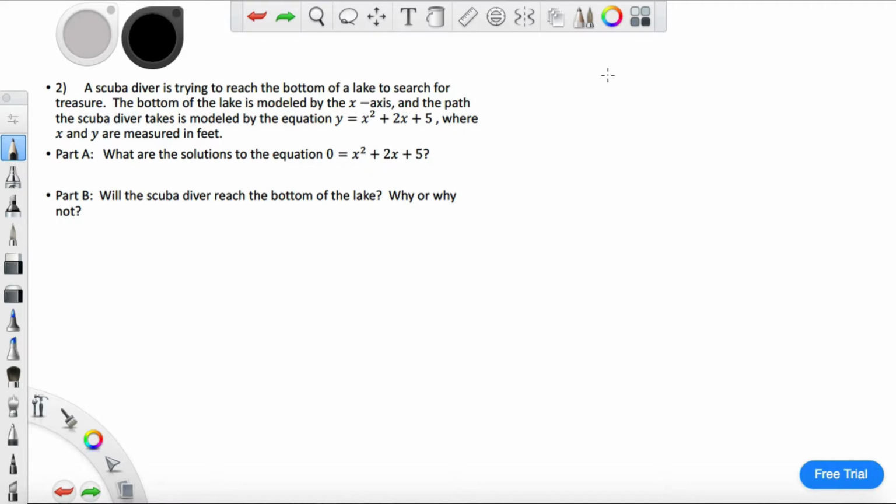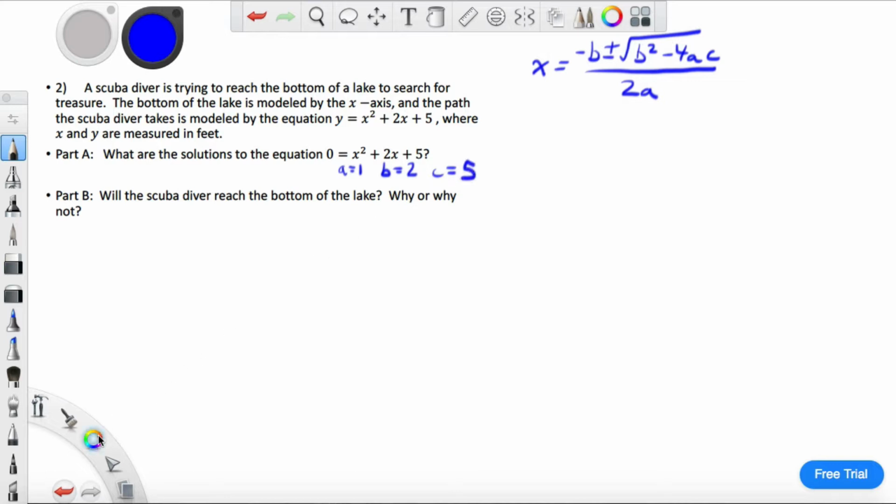So let's go ahead and use our trusty old quadratic formula, okay? So x is equal to negative b plus or minus the square root of b squared minus 4ac all over 2a. And in this case, a equals 1, b equals 2, and c equals 5.